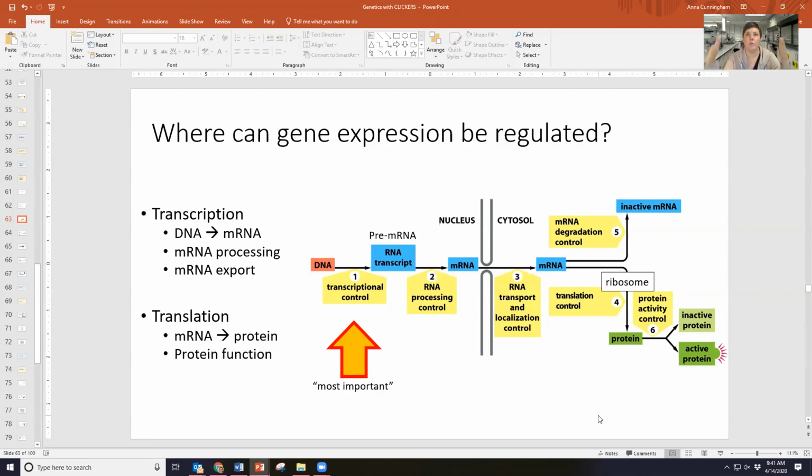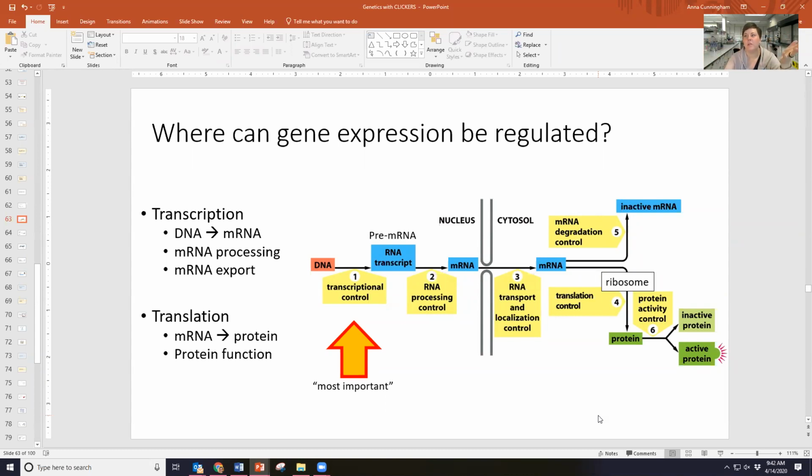So we need to turn on those genes. That is very important. But let's say it's like 2 hours after you drink a glass of milk. Your body doesn't necessarily need to be going into overdrive to be making the enzyme that breaks down that milk sugar. So it can kind of slow that down.